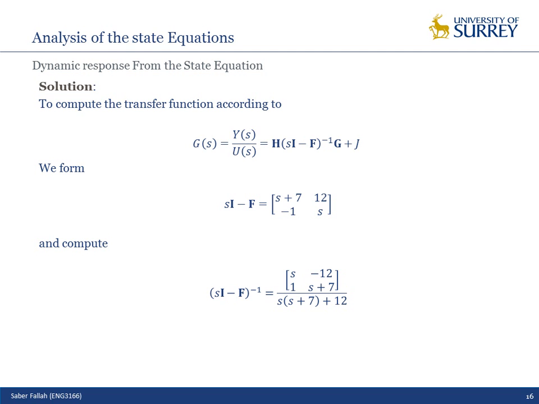So when I calculate sI minus F inverse, with G equal to 1, 0, H equal to 1, 2, and J equal to 0, here is sI minus F inverse and here is the determinant. So the transfer function will be s plus 2 over s squared plus 7s plus 12. So easy. Any question?